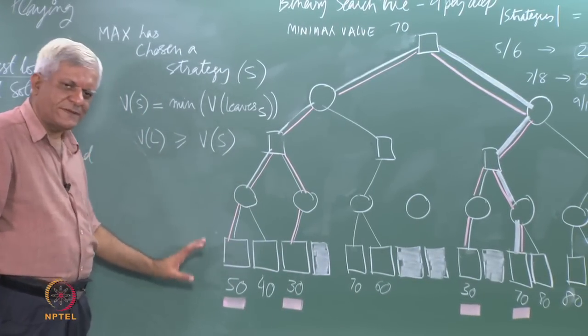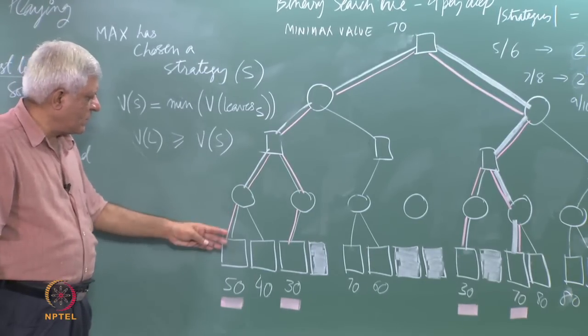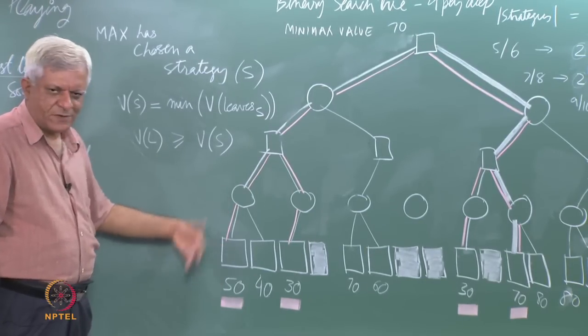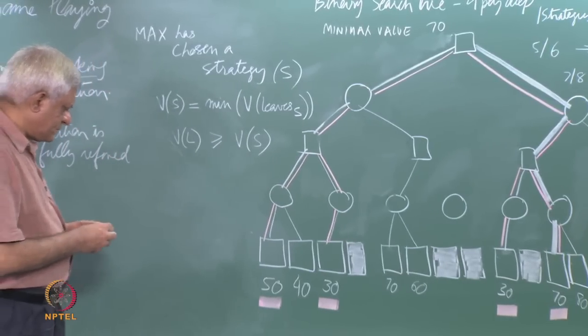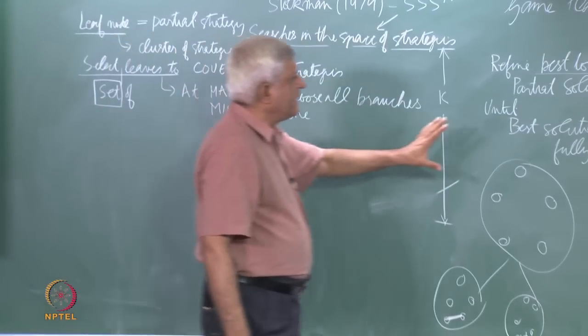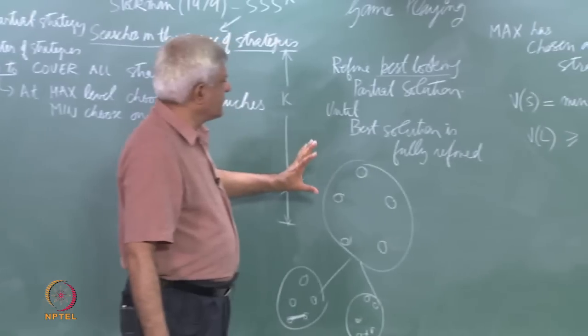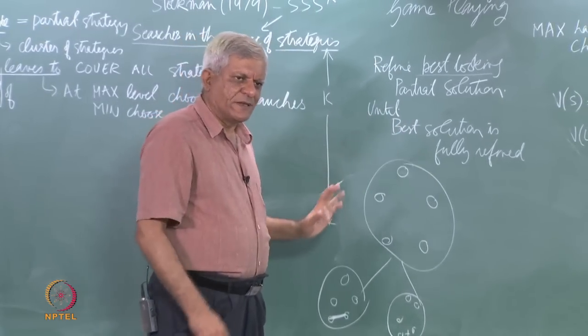That leaf represents an upper bound on the value of the strategy that this leaf belongs to. Each leaf belongs to 2 strategies. So, we will follow this: refine the best looking partial solution until the best solution is fully refined. When is it fully refined? When the strategy is completely defined.